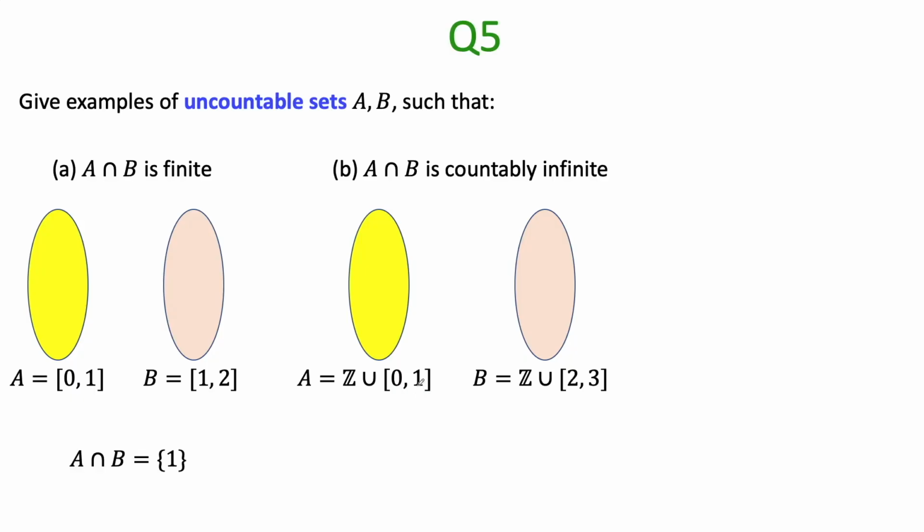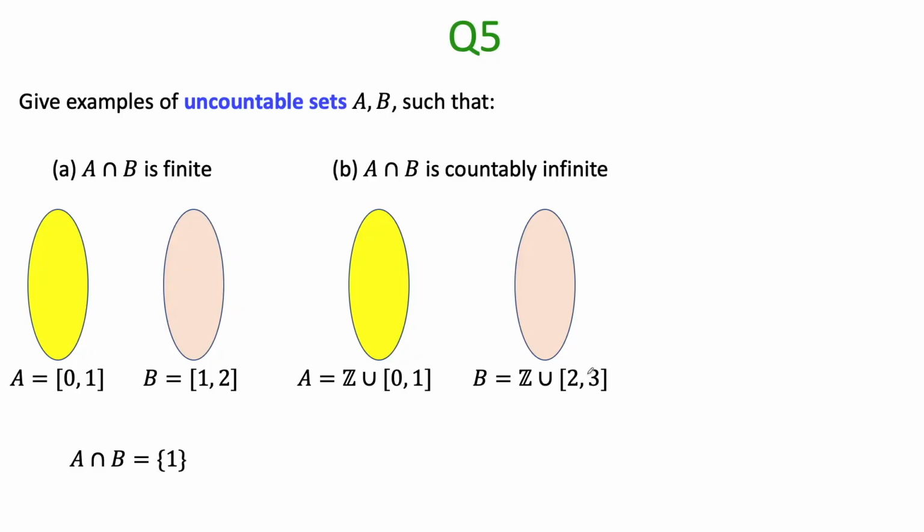And in the same way, I take the set B to be the set of all integers along with all real numbers in the range 2 to 3, including 2 and 3 also. We can prove that both these sets are countably infinite, their cardinalities are Aleph null.